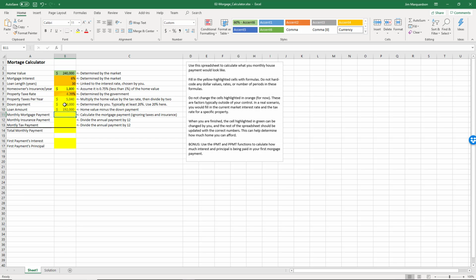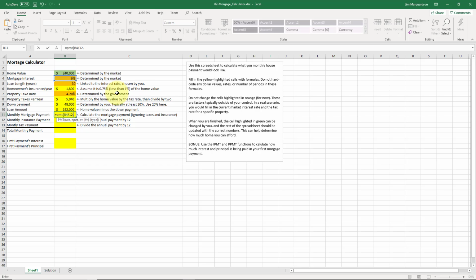So what is my payment going to be just for that loan? I'm going to use the payment function here. The rate is going to be my interest rate, but we're going to be paying this off by month, and interest is going to be charged by month, so I'm going to divide that by 12.